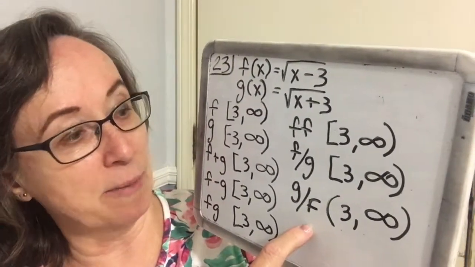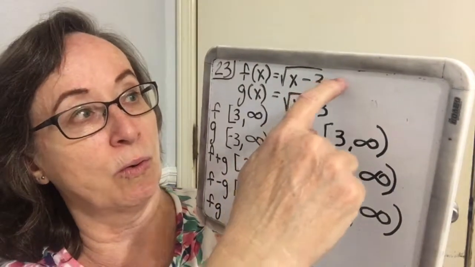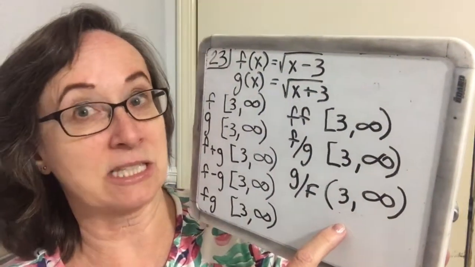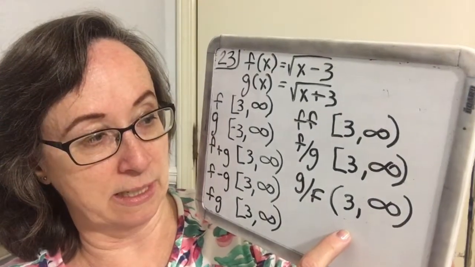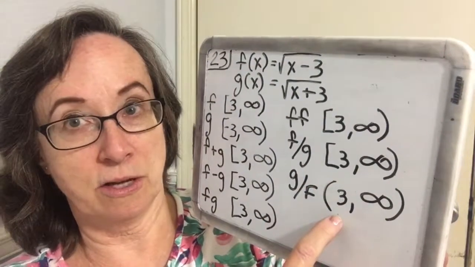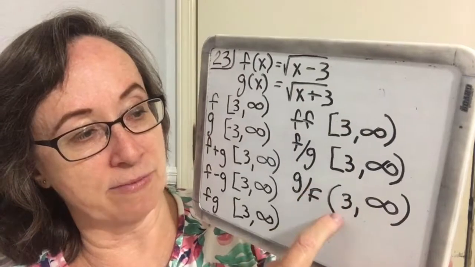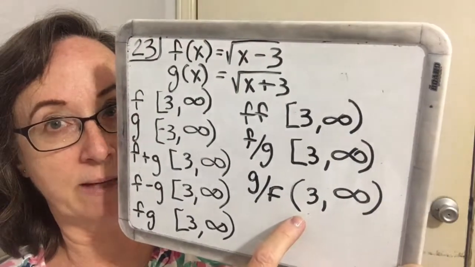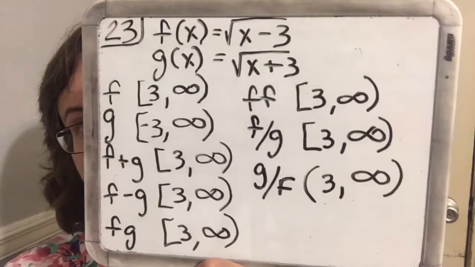So the denominator would go to 0 when x was 3. Therefore, now we have to exclude x is 3. So this domain does not have the 3 included in it. Okay, so that's a little bit about domains.